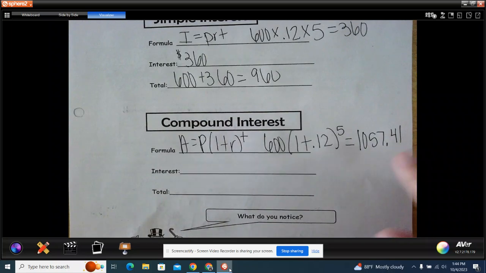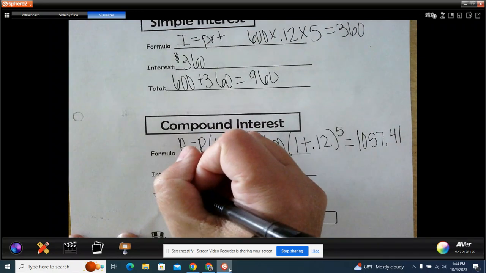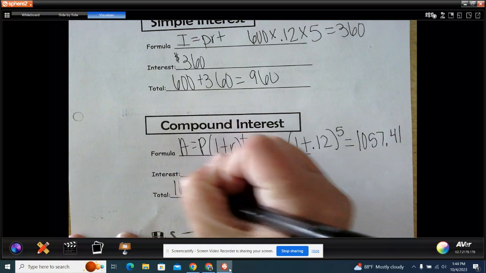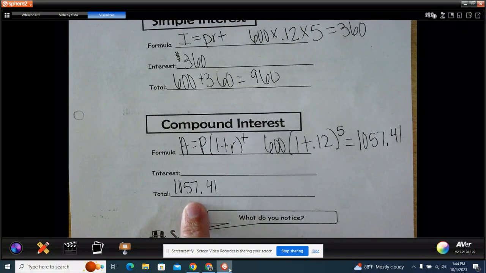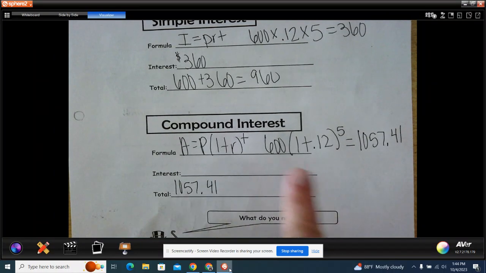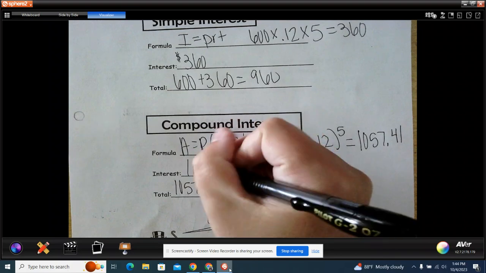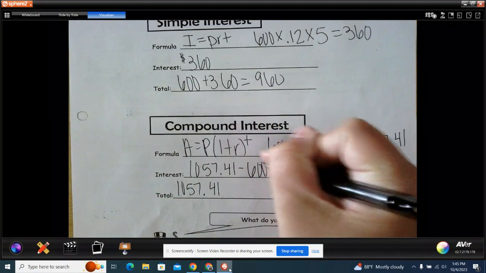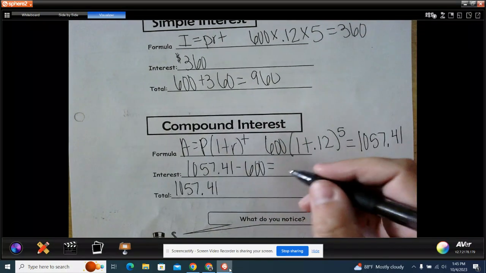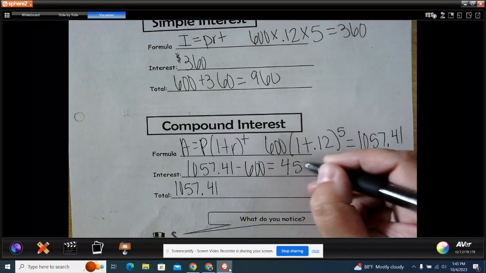So when you type it all in, you do get a lot more decimals. We have to round it because it is money, and we need 2 digits. So this answer is our total because it is more than our principal amount. And so there's our total, and then we're going to find our interest. So to find the interest, we're going to take our total amount minus our principal amount, and that's going to give us our interest.